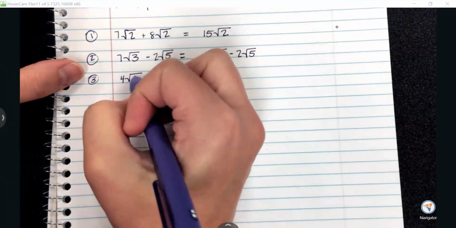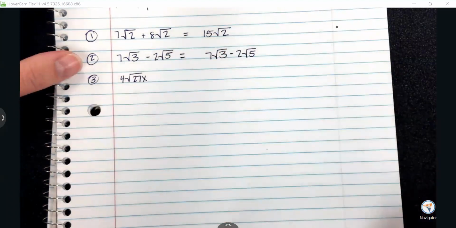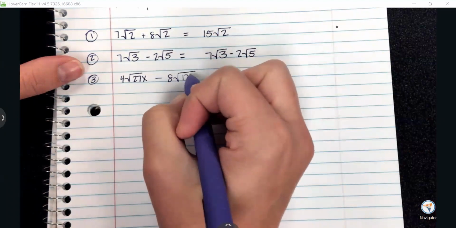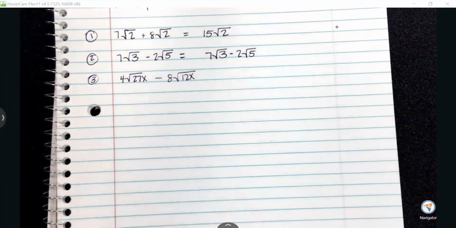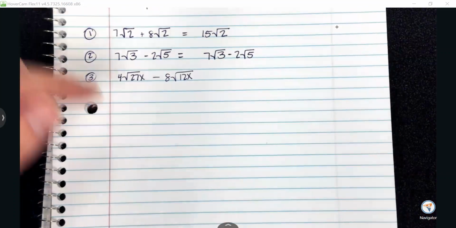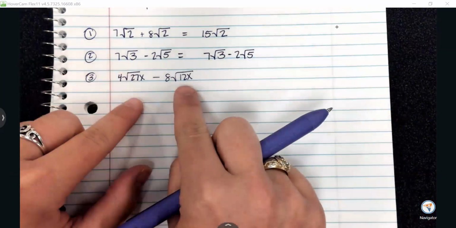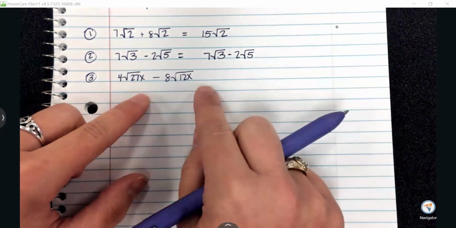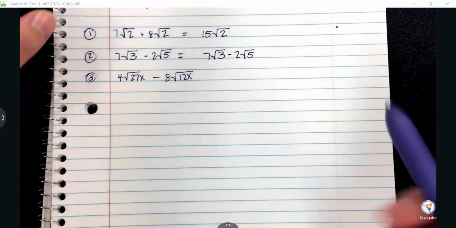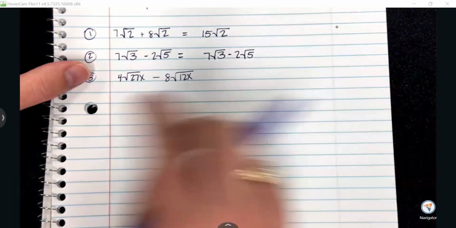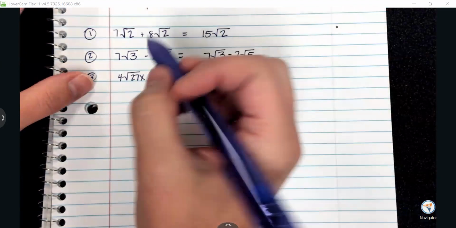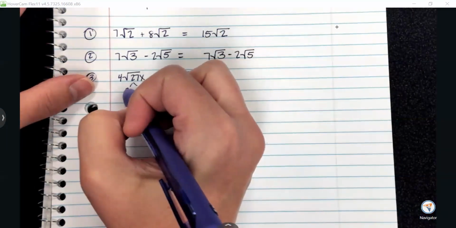Example number 3 says 4 square roots of 27x minus 8 square roots of 12x. As of right now, the insides are not the same, but can I break 27 down? Can I break 12 down? Yes. Then on your paper, go break these down and get 2 brand new problems for me. If you need to make your trees, then make your trees.